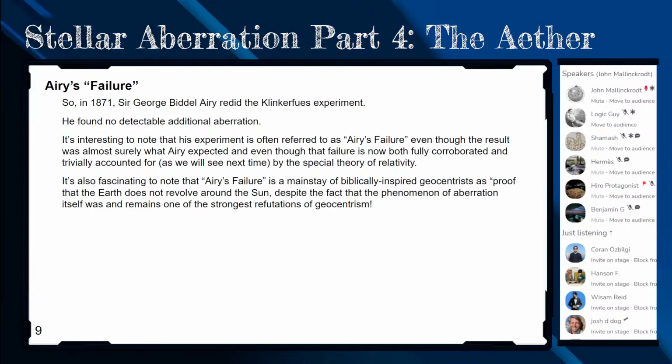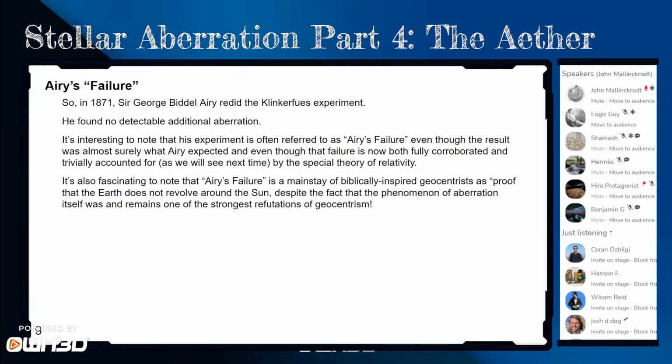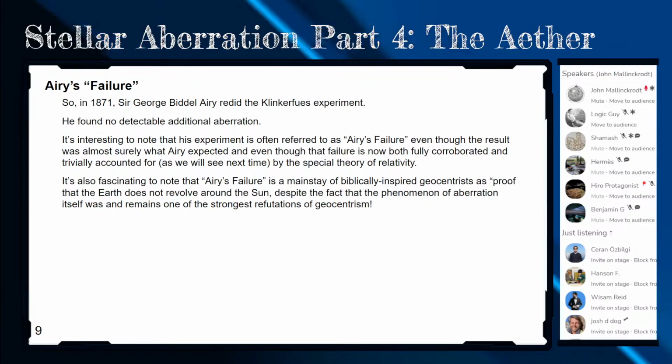And what we now know is, it's not like this experiment hasn't been done better in the last 150 years. All of these experiments are now done to orders and orders and orders of magnitude better accuracy. So it is the case that there is no detectable additional aberration. That's not me glossing over minor differences.